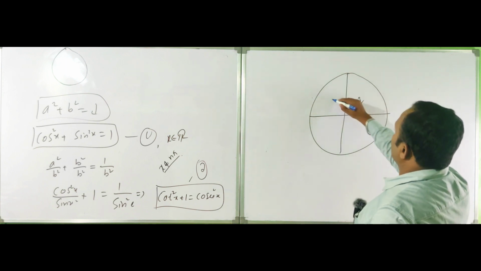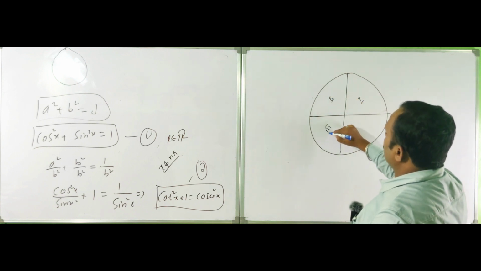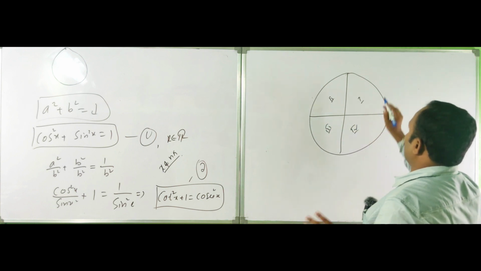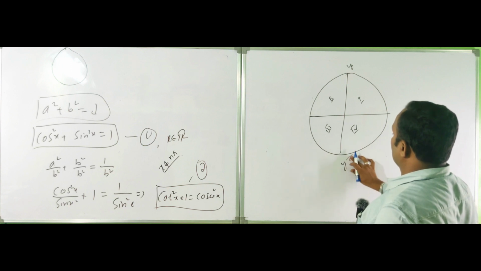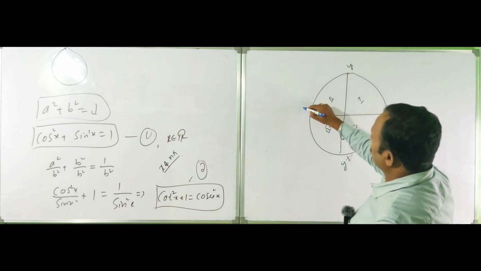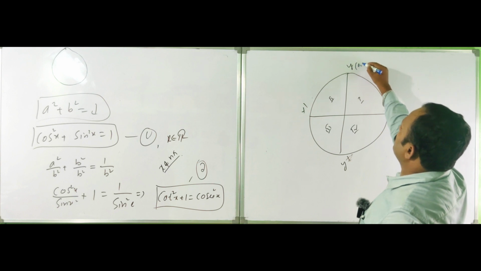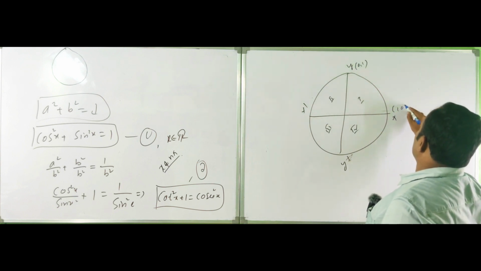This is y, this is y dash, this is x, this is x dash, this is 0, 1 and this is 1, 0.